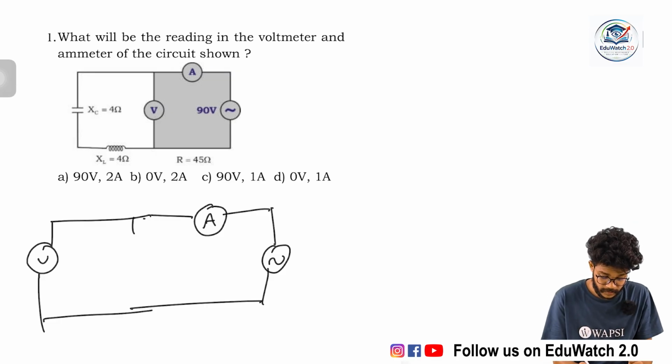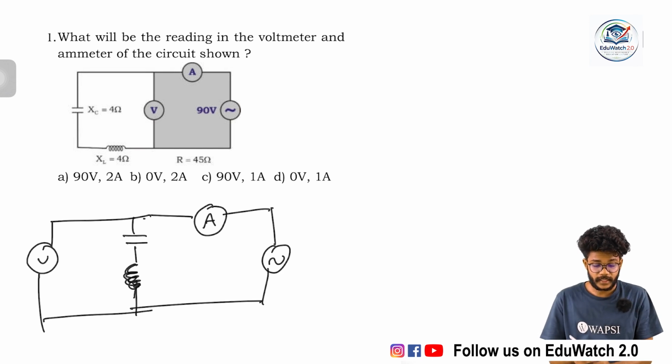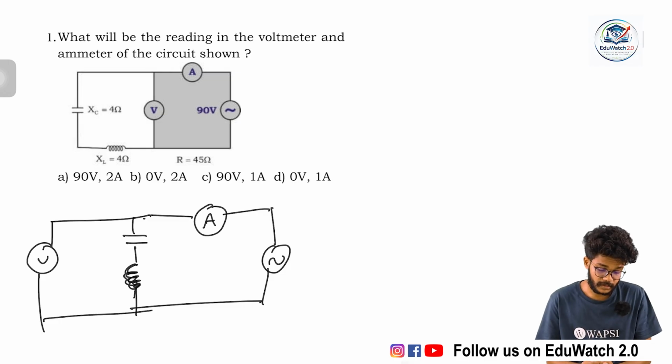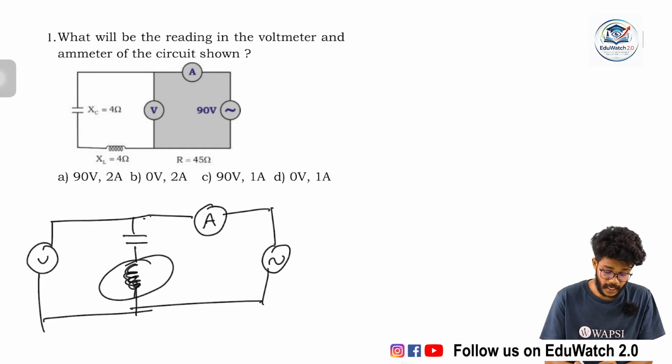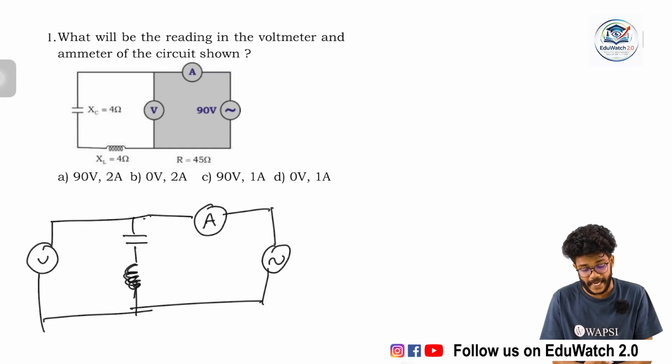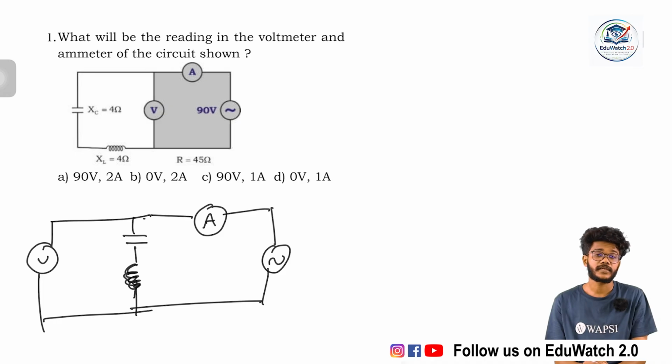So I am connecting like this, and this is the inductor, and the upper side is the capacitor, and this is the inductor. They are in series. Actually Xc is the impedance, that means the resistance offered by the capacitor is 4 ohm, and the resistance offered by the inductor is 4 ohm.